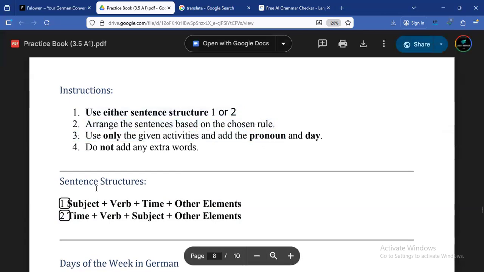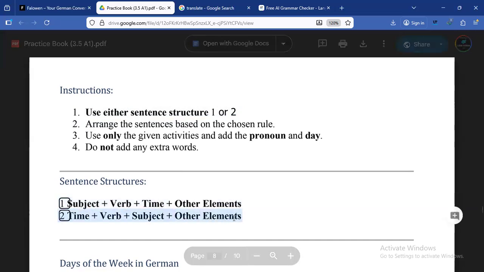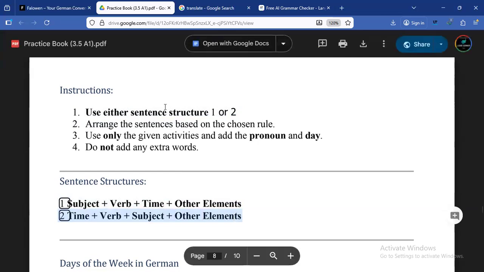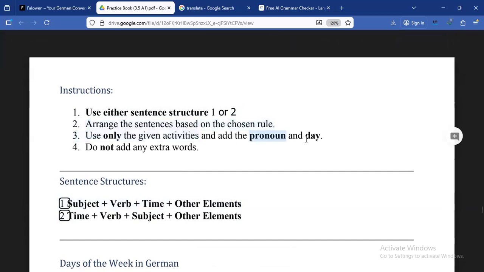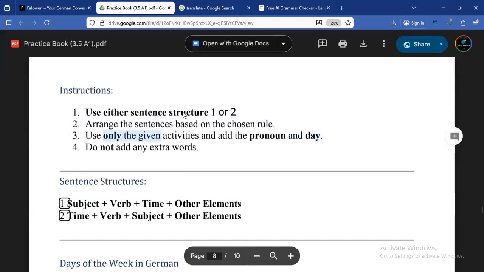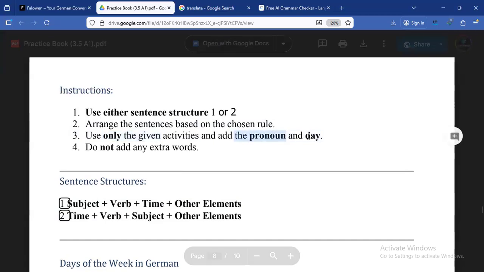So when you pick a statement and you pick rule 1, use that to arrange it. If you pick rule 2, use that to arrange it. And use only the given activities and add the pronoun "ich" and "sie". The keyword is only the given activities and add the pronouns.